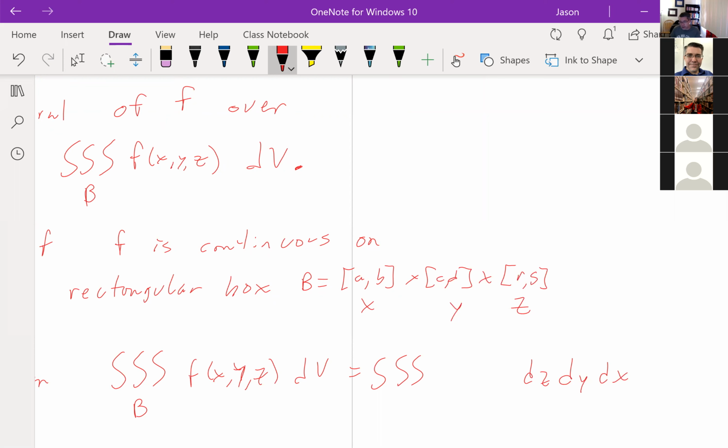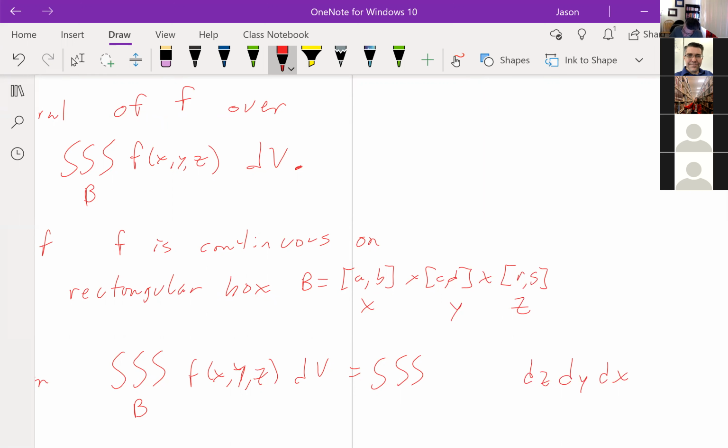And end up with x. Because if I get rid of the z variable, then I'm just involved with a function in terms of x and y. And if I get rid of the y variable, then I end up with a function that involves x. But the order is not as important.